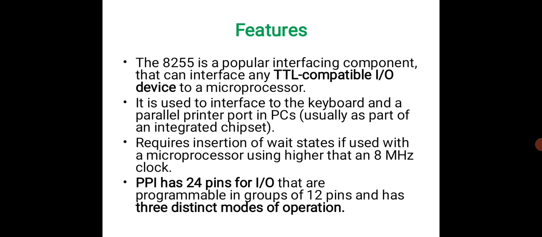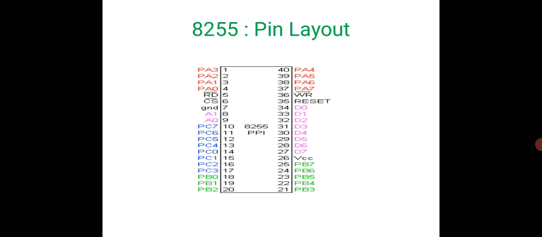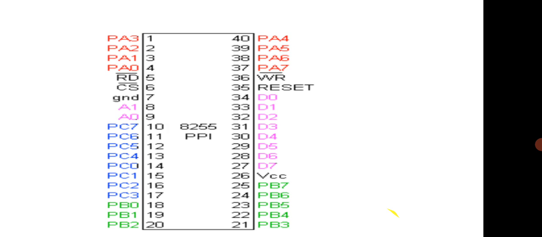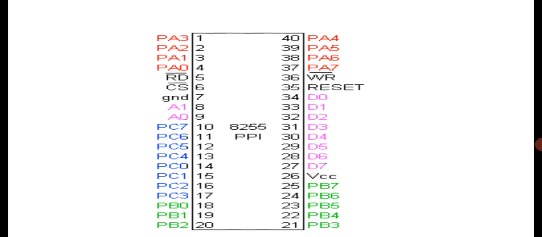modes of operation. So, this is the 8255 pin layout where you could see 3 ports, port A, port B and port C, where each port is allocated 8 pins. Altogether it comes to 24 IO pins, and the remaining pins are the control signals.